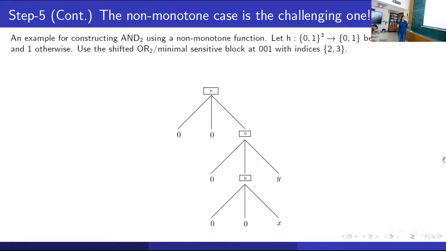You will just use the De Morgan thing, because you are in the non-monotone case. So there is some input where you are changing 0 to 1 and the output changes from 1 to 0. That is, the opposite is happening. And that is actually giving you, for example here, if I am putting x here, I am getting the negation of x. So that is how you create the negation. Once you have the negation, you can apply De Morgan.